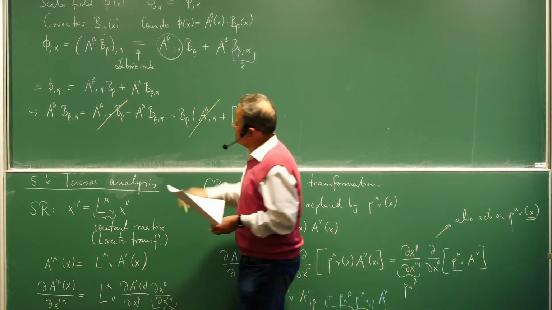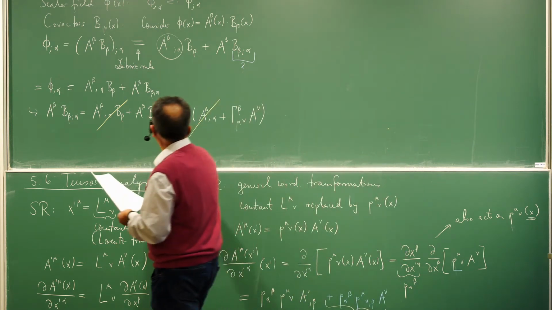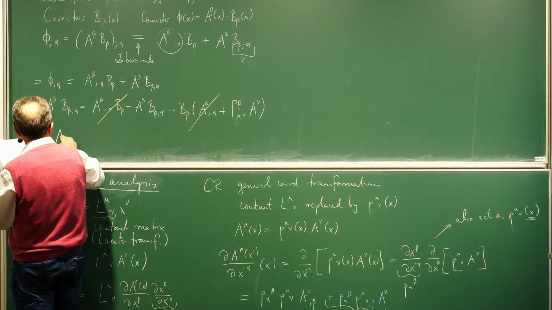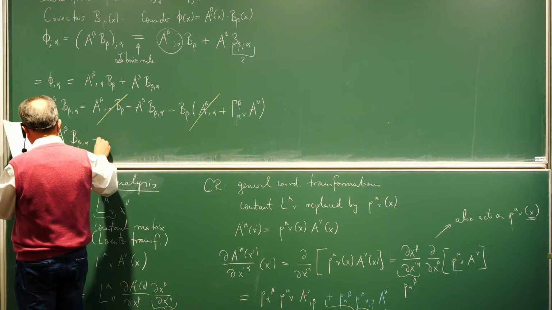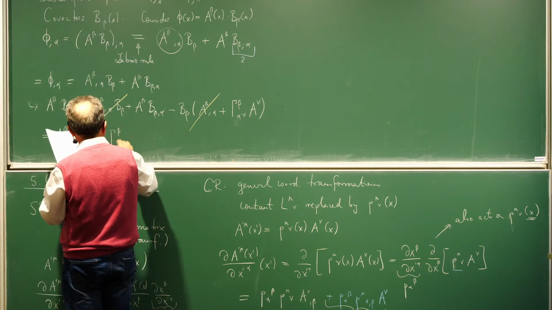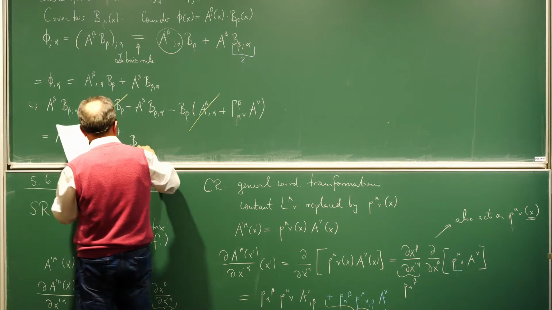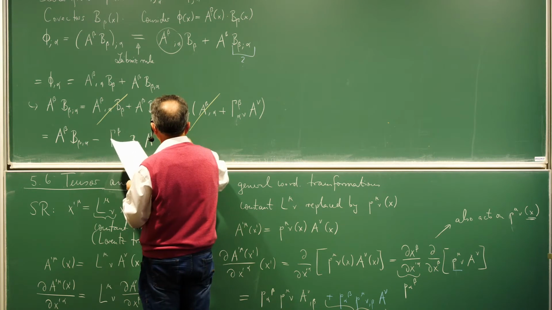This cancels against this term, and what is left are two terms: a_β b^β,α minus Γ^ν_βα... b^β a_ν.